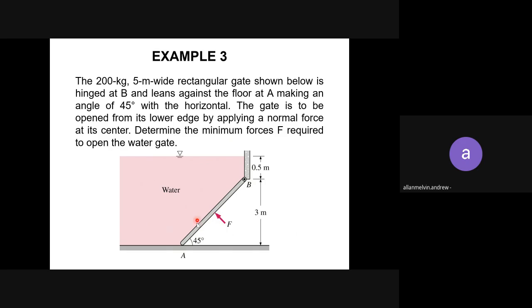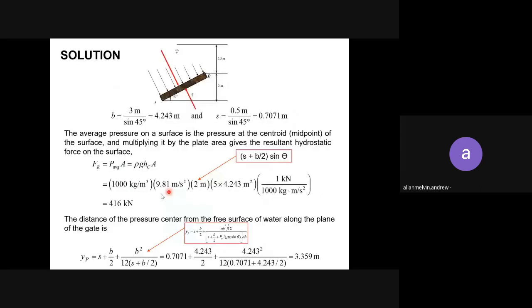To open the gate, the force F must be larger than the hydrostatic force, and then this thing can go up. If it is less, it cannot open. The other information is that the fluid is water, so we use the density of water, 1000.